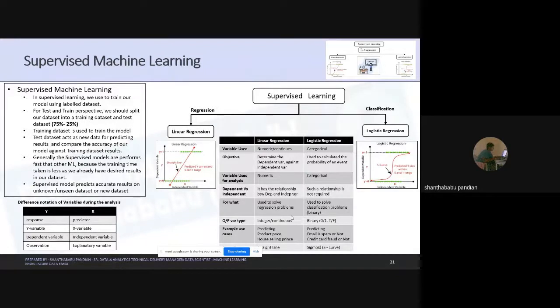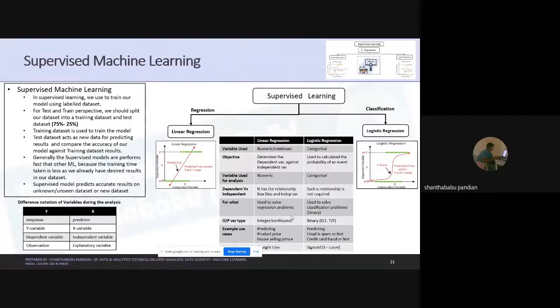Okay. So how can you find out whether the given problem statement is a regression or classification? It's a very straightforward answer. What you want to say is, do this or that, right? For example, like what you said, the price of the petrol is a hike.